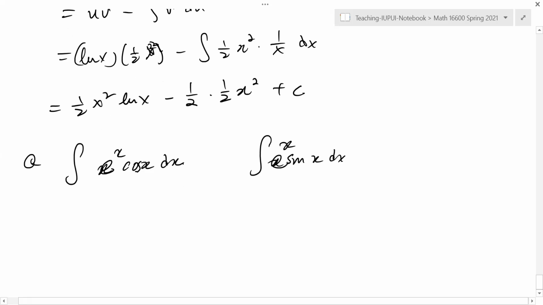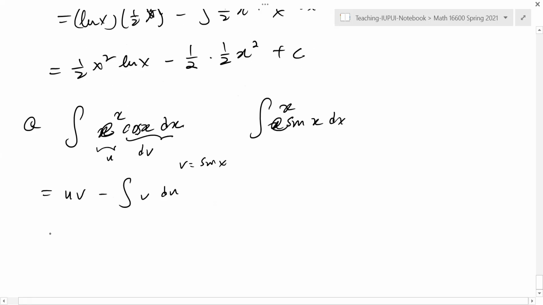So you're not able to get rid of the cosine or get rid of e to the x. It doesn't matter which way you do. If you try this as dv, and that as u, what you get is v is going to be sine x. So you get uv minus the integral of v du. u is e to the x, v is sine x, minus the integral of sine x, e to the x.